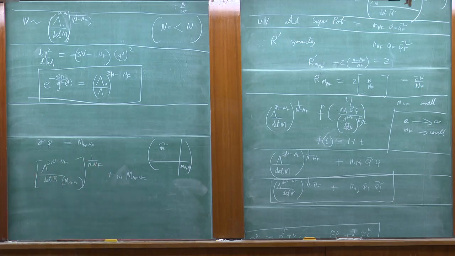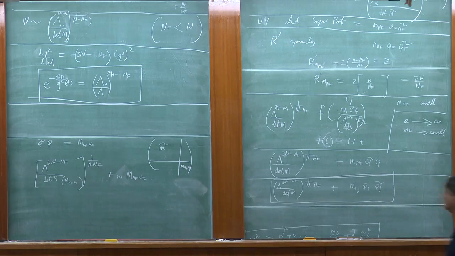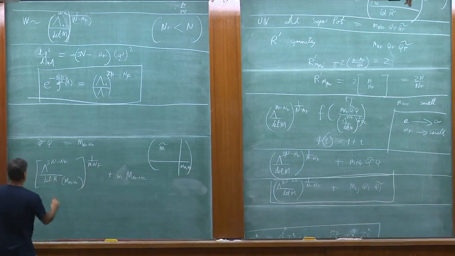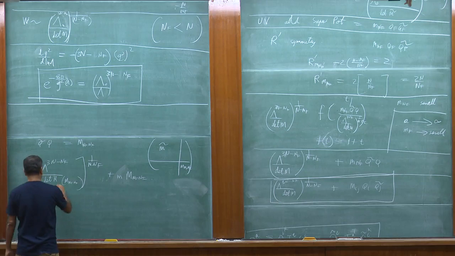So now we look for some sort of supersymmetric vacuum. Okay? So we try to set del W by del m nf nf to 0. So this part is what it is. This is lambda to the power 3 n minus nf by det m tilde, and then we have to the power 1 over n minus nf.